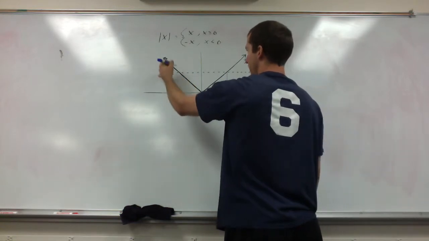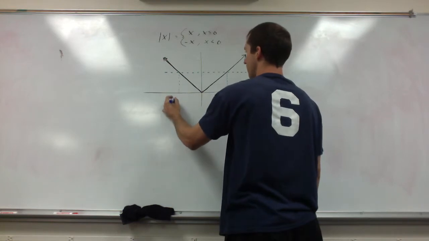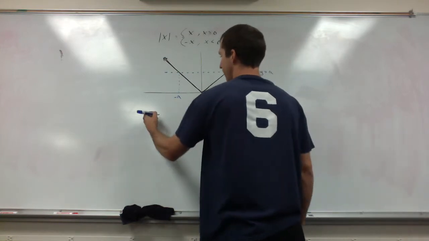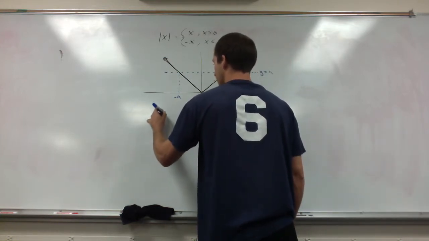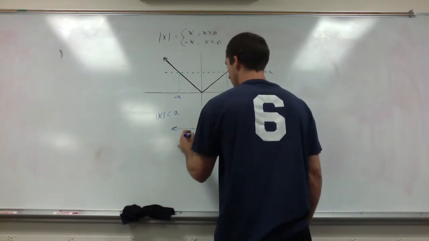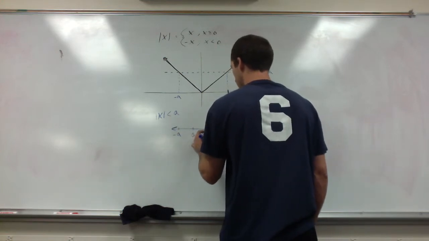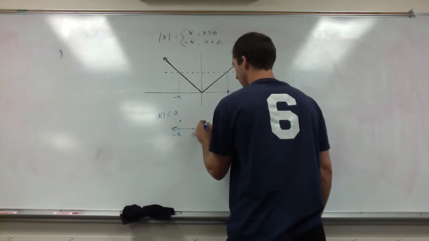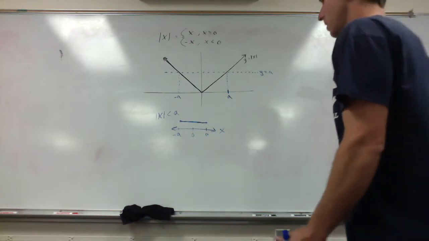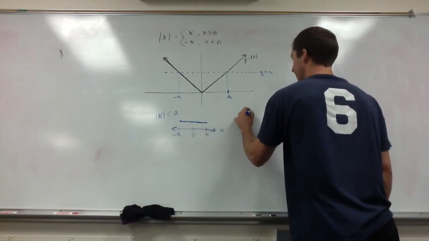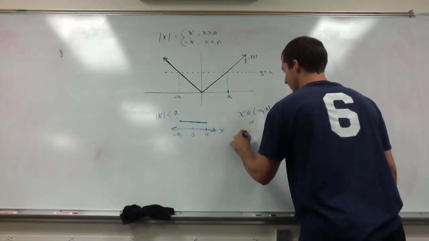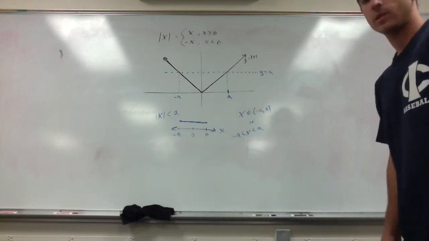And where y equals opposite x intersects y equals a, that's got to be opposite a. So it seems, and this is true, that the absolute value of x is less than a whenever, writing this in a one-dimensional graph, x is between opposite a and a. Your absolute value would be less than a.